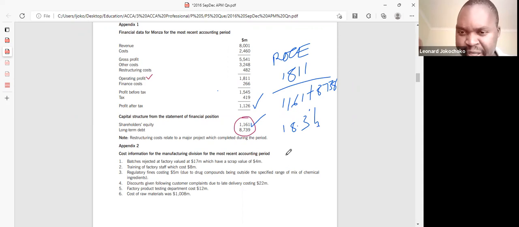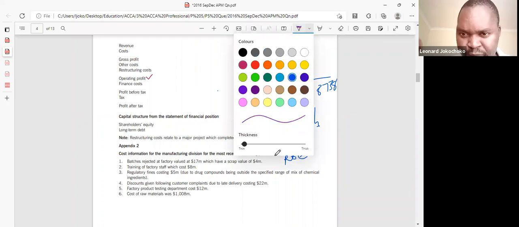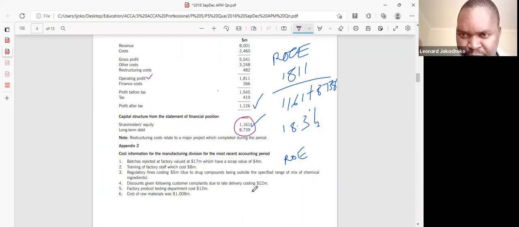My return on equity, I take my earnings, or my profit after tax, which is 1126, and the final figure marked in blue there, over my equity, which is 1161.